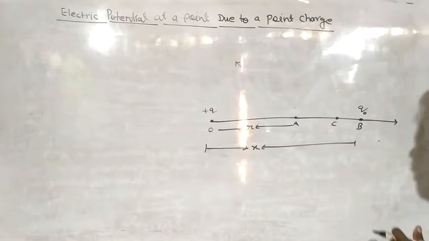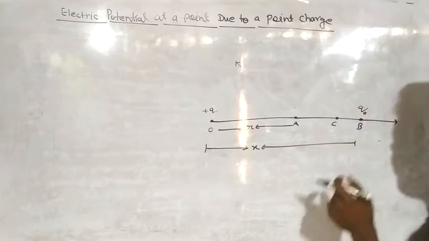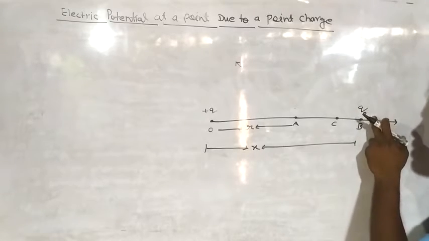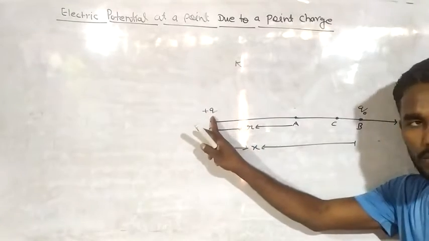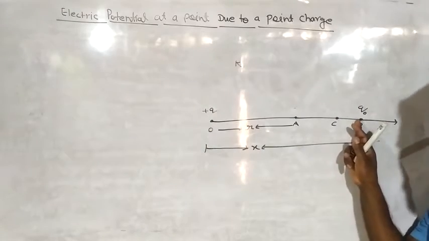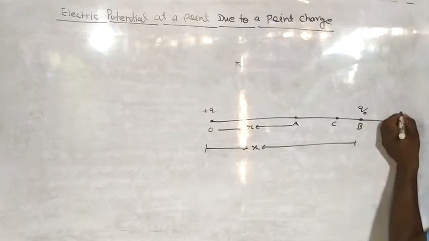According to Coulomb's law, this plus Q charge will apply a force on this test charge, directed outward.